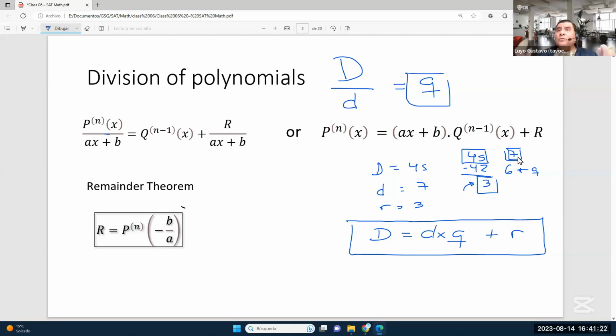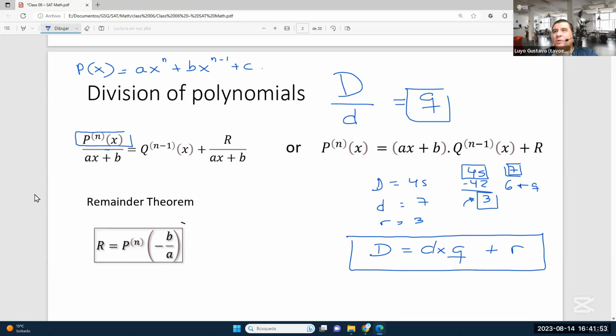Say, for example, that you have a polynomial of degree n. Remember when we mentioned this, it's basically something like this, right? Let's say it's, for example, polynomial p, it's something like a times x up to n plus b times x up to n minus 1 plus so on.